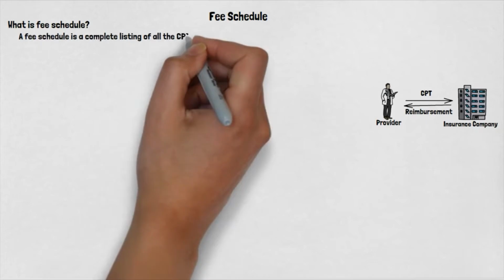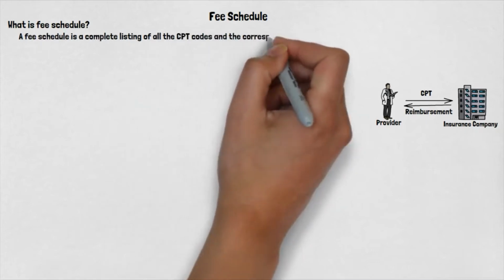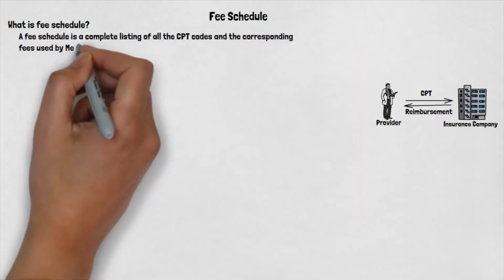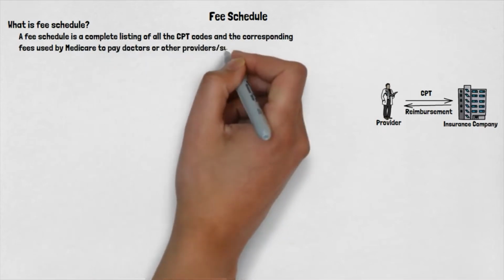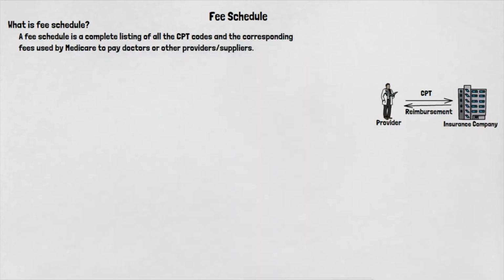Now, what is a fee schedule? A fee schedule is a complete listing of all the CPT codes and the corresponding fees used by Medicare to pay doctors or other providers or suppliers. Now, who decides the dollar value of a specific CPT code, or how much payment a CPT code must receive?